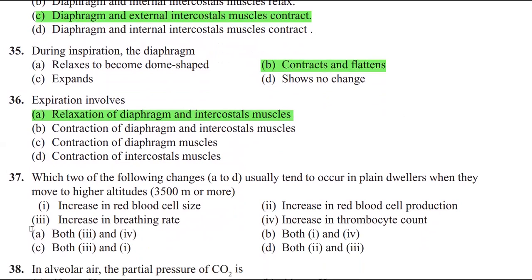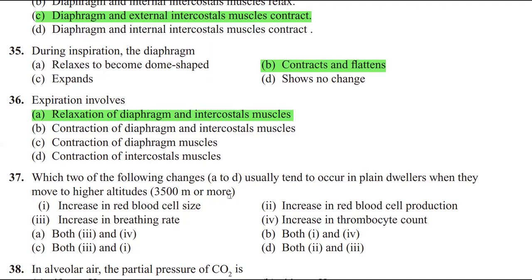Next, which two of these following changes usually tend to occur in plain dwellers when they move to higher altitudes, that is 3,500 meters or more? Increase in blood size, increase in red blood cell production, increase in breathing rate, increase in thrombocyte count.